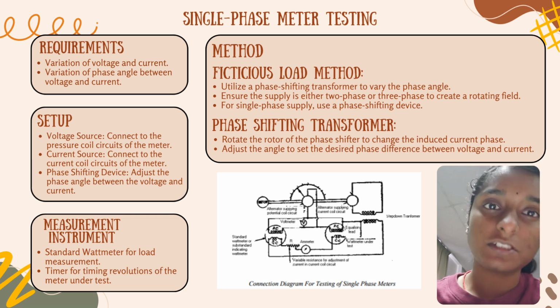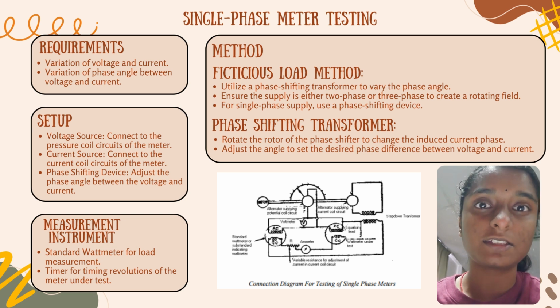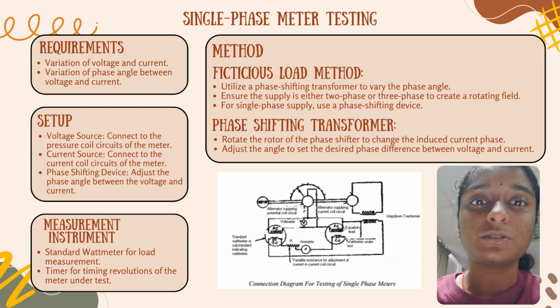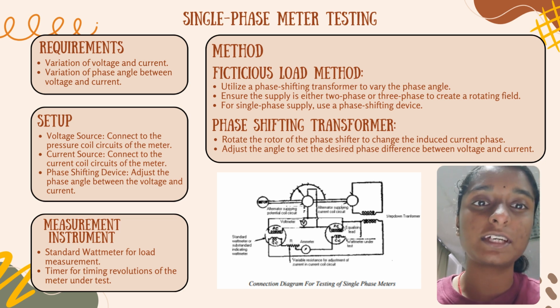For the phase shifting transformer, the rotor of the phase shifter is rotated to change the induced current phase, and the angle is adjusted between voltage and the current. The diagram below shows the connection or the apparatus setup to test single phase meters.